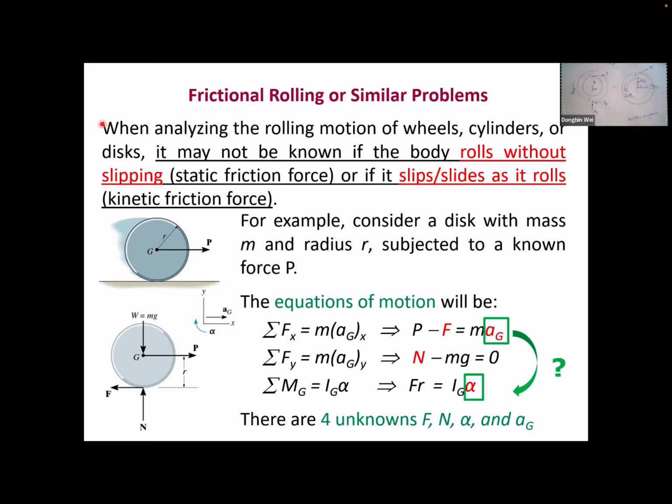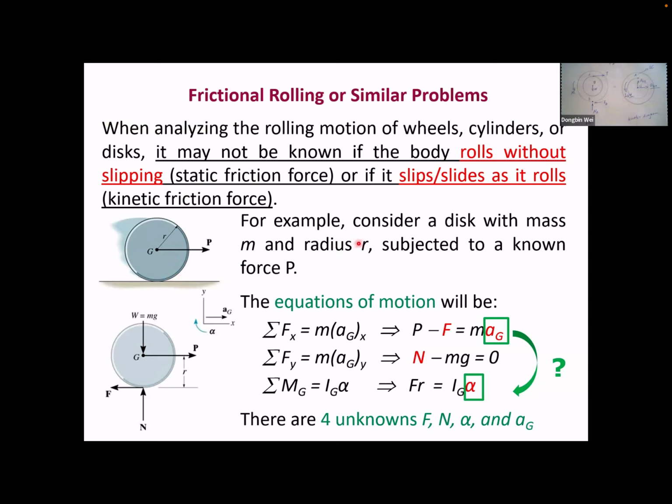It's a kind of rolling problem. But in this kind of problem, if slipping occurs, in the very beginning you don't know. It could be a rolling without slipping problem, and it could be a rolling with slipping problem.